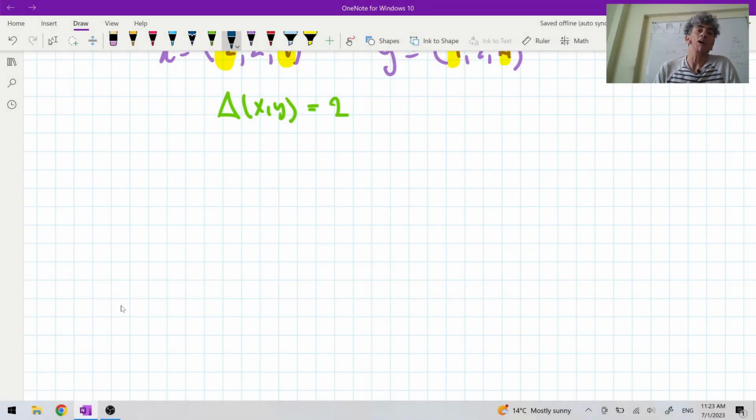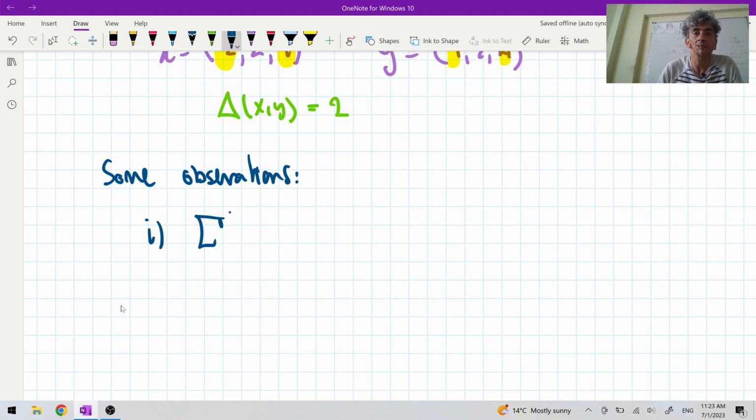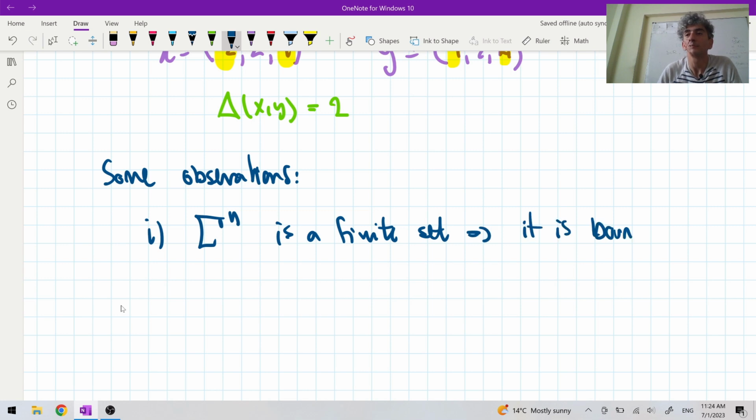Now let's make some observations. One, sigma to the n is a finite set, so it is bounded and discrete.